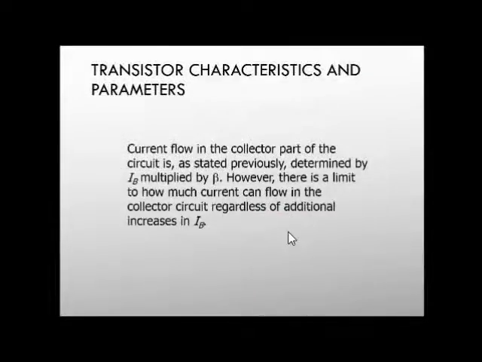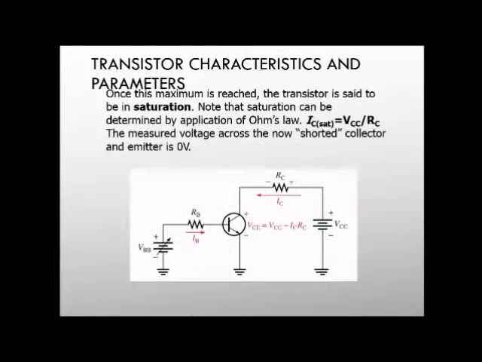And the current flow in the collector part of the circuit is, as stated previously, determined by IB multiplied by beta, that is IC equals beta into IB. However, there is a limit to how much current can flow in the collector side. Once this maximum is reached, the transistor is said to be in saturation.